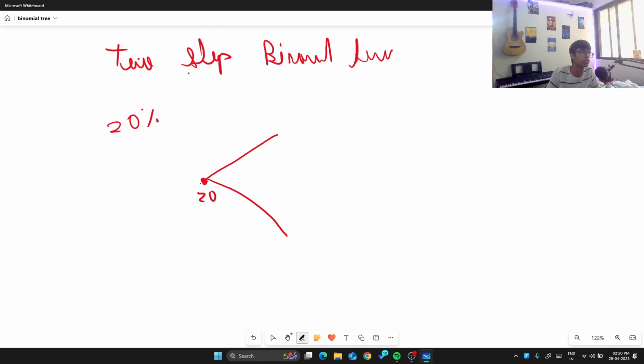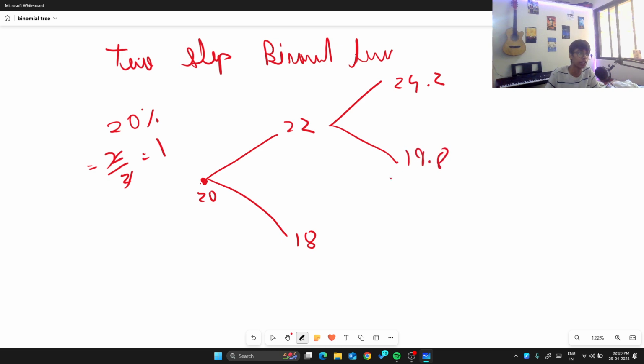Let's say it is 2 years, so delta t would be 1. It goes to 22 and then 18, with a 20% increase from here, 24.2 and 19.8, and here it is the same, 18 to 19.8 and 16.2.